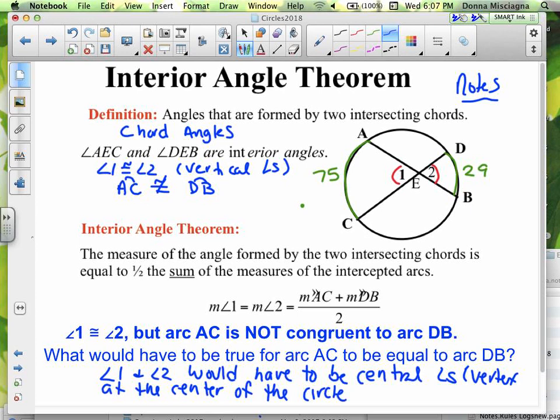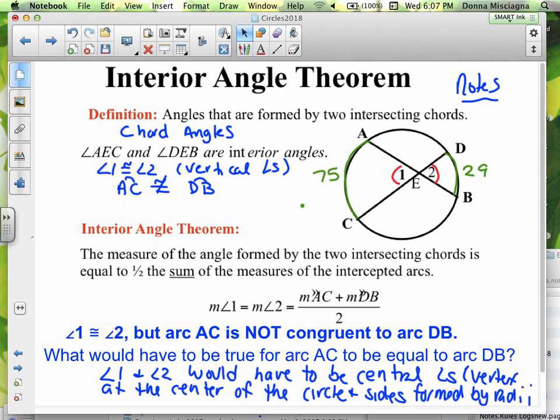And the sides would have to be radii. So if that were true, then angle 1 would be equal to angle 2, and they'd both be equal to arc AC and arc DB. But that's not true.